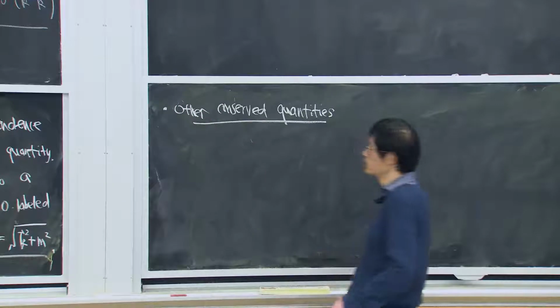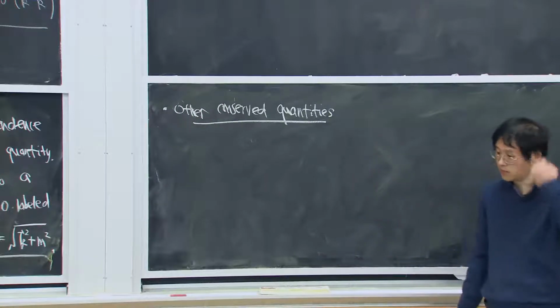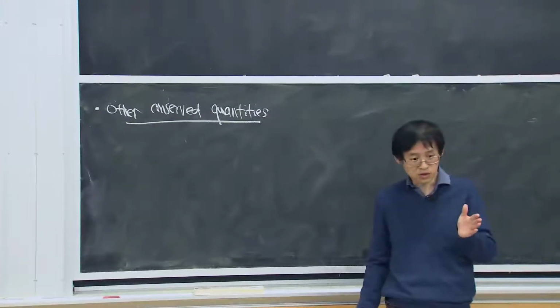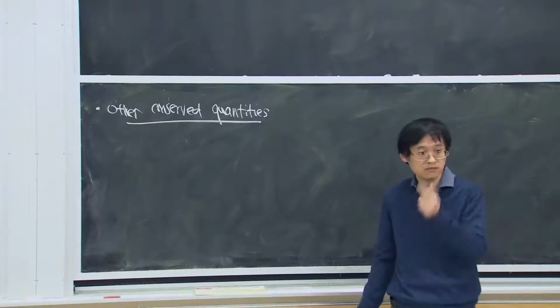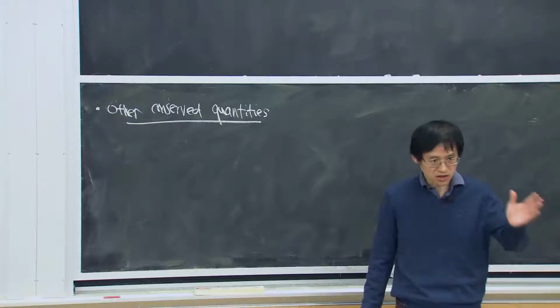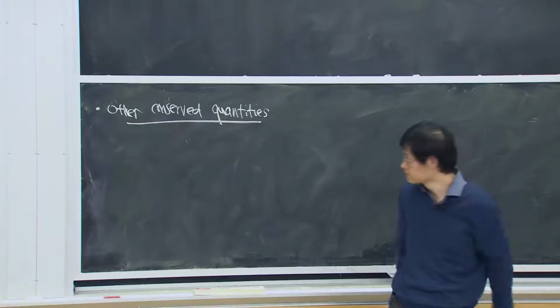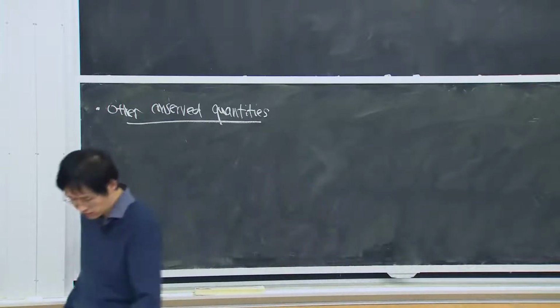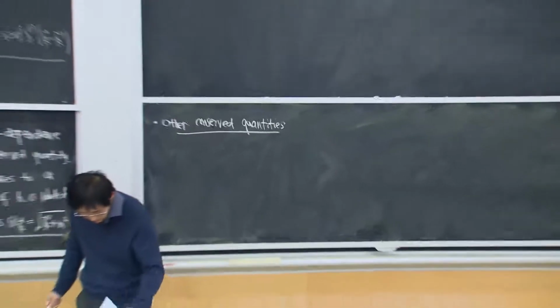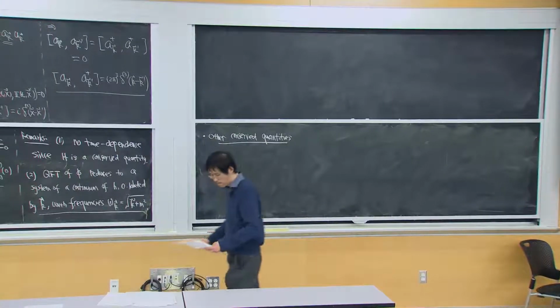There are other conserved quantities, and one of them is the conserved quantity corresponding to spatial translation. So spatial translation gives you conserved momentum. Momentum conservation.